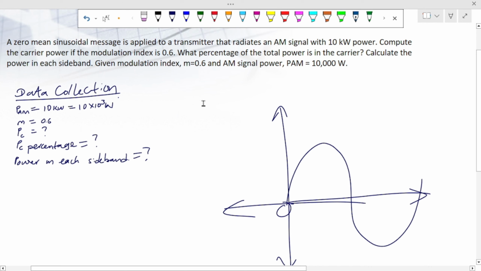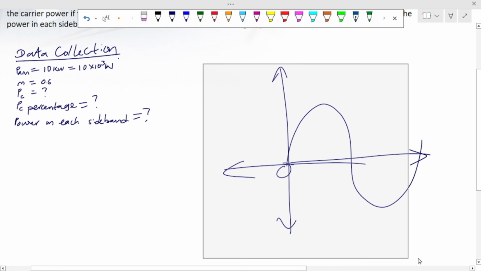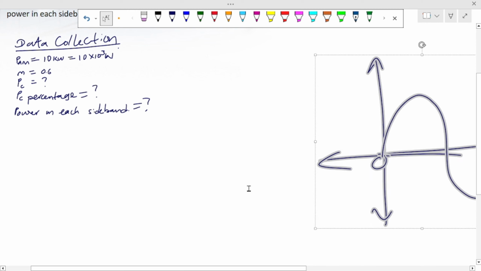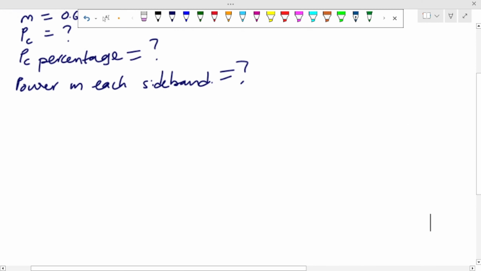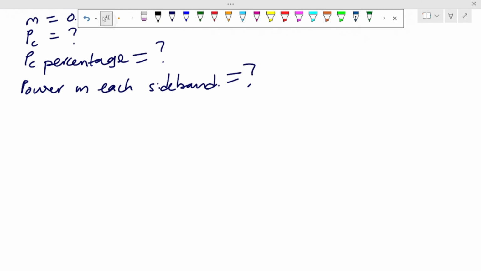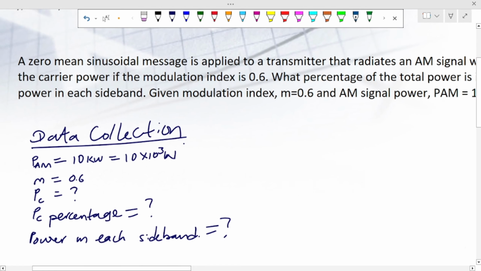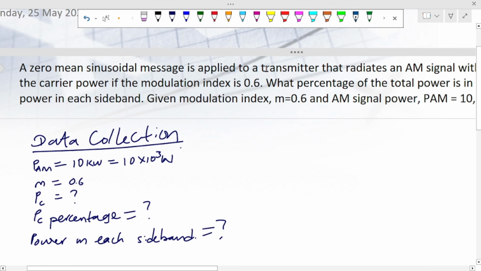That's the power. So the total power, listen, I've written that this is the total power required to send the signal. To transmit that signal, this is the total power required.